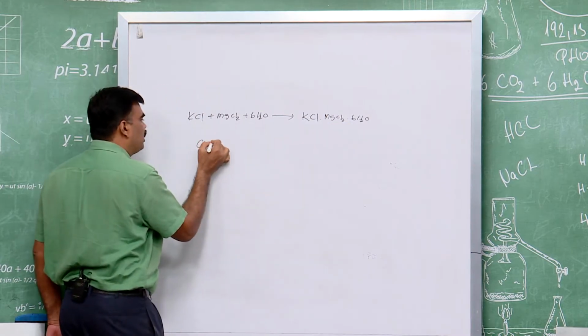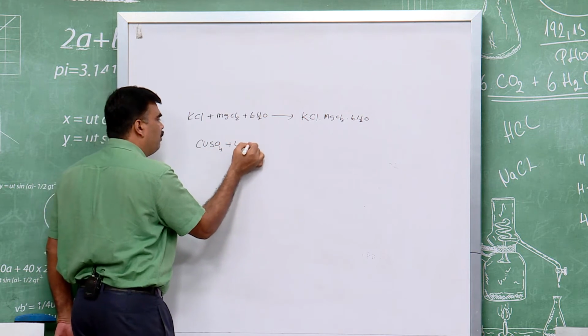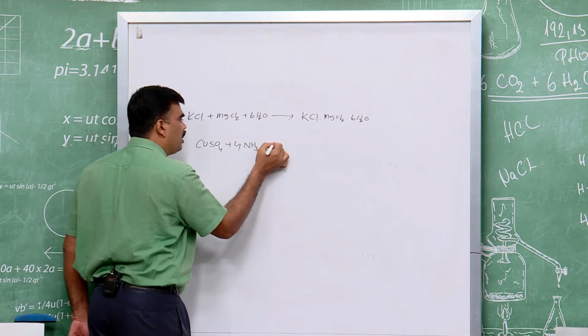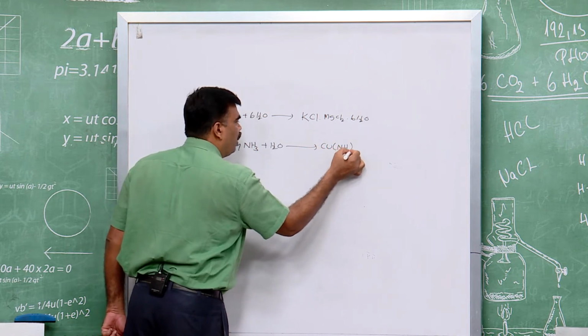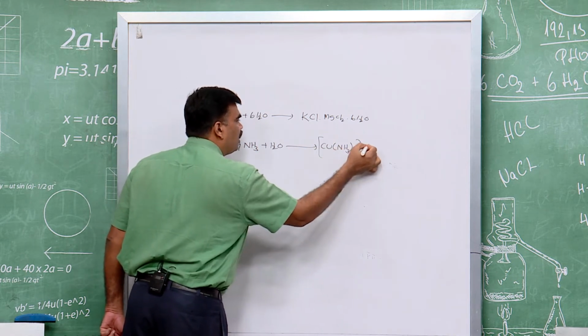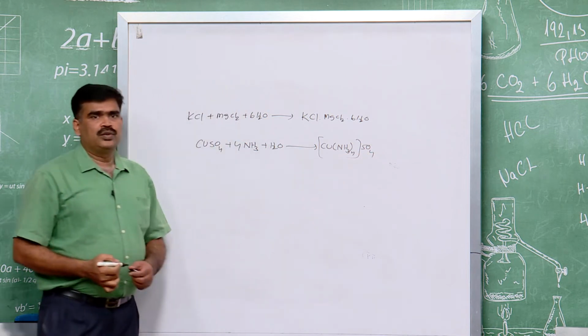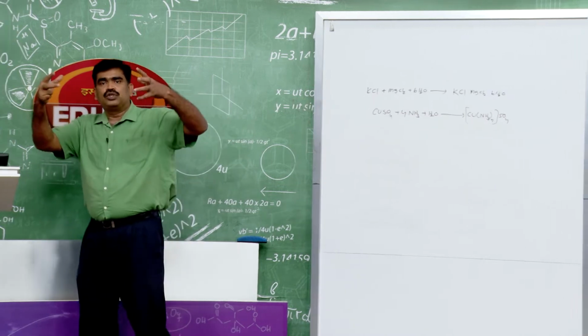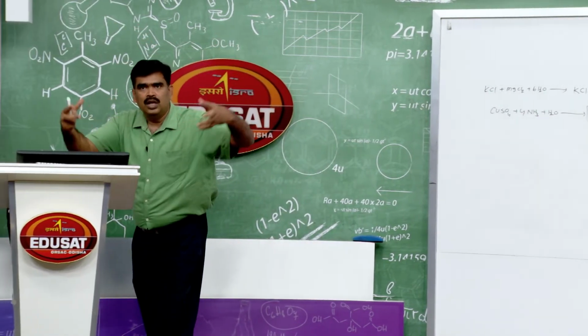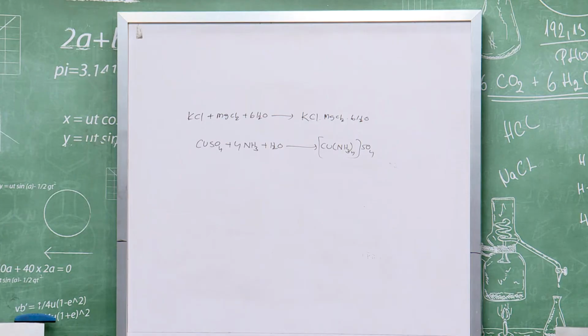Similarly, if you take copper sulfate plus ammonia, put them together and do crystallization, you will get the molecular compound tetraammine copper sulfate. In this way addition or molecular compounds are formed, meaning 2 different stable salts or compounds, put in water and crystallized, give you either addition or molecular compounds.